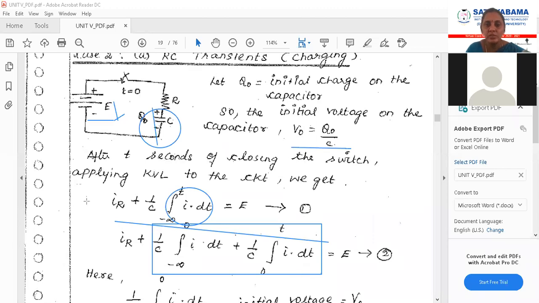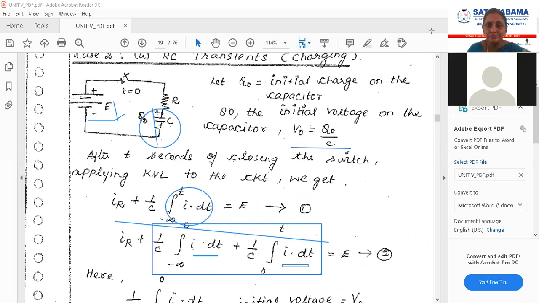So IR is written the same, plus 1 by C into the integral from minus infinity to 0 of I dt, plus 1 by C into the integral from 0 to t of I dt.